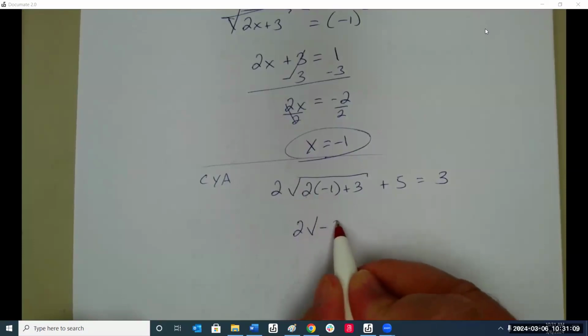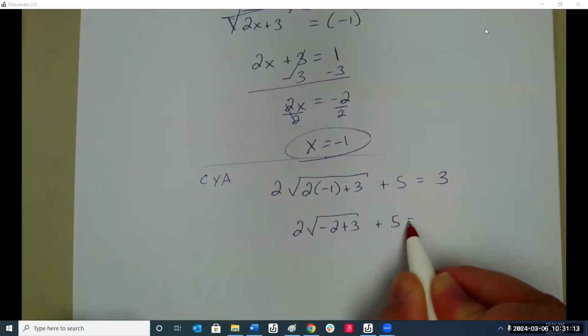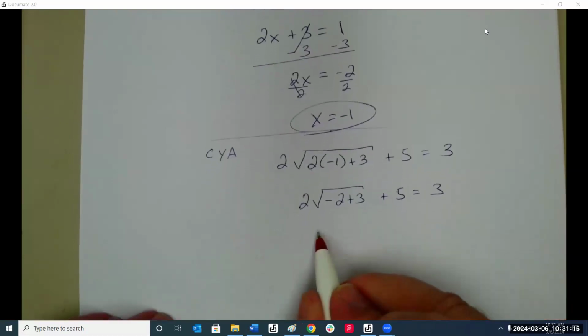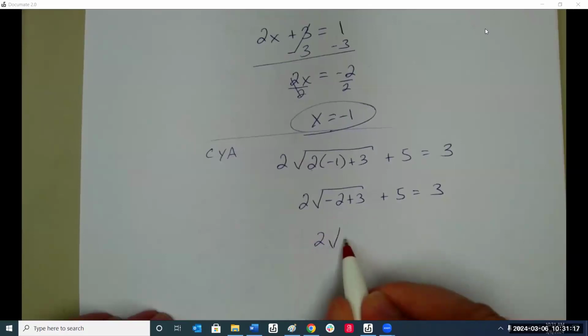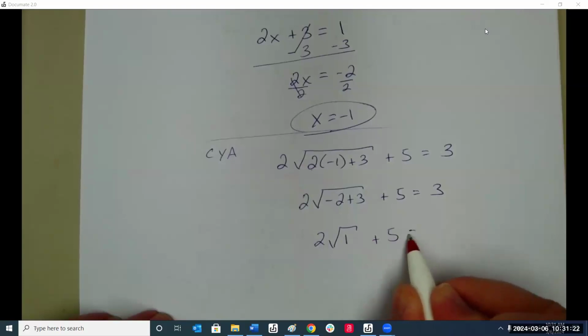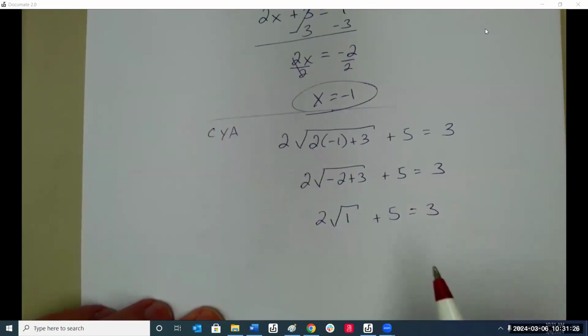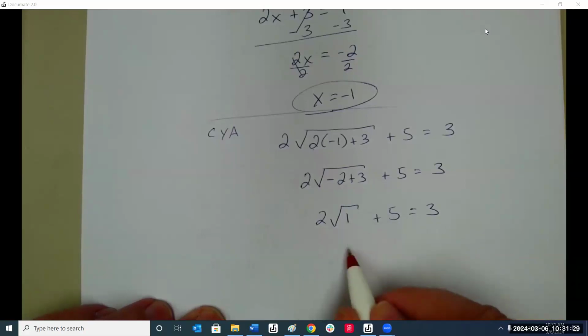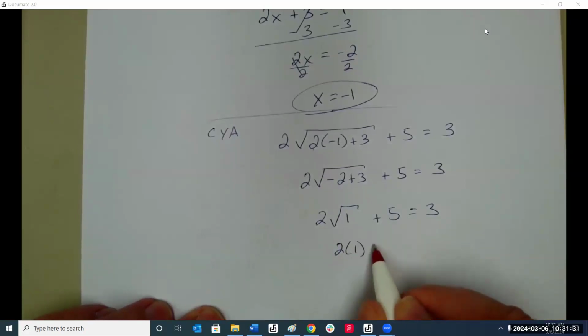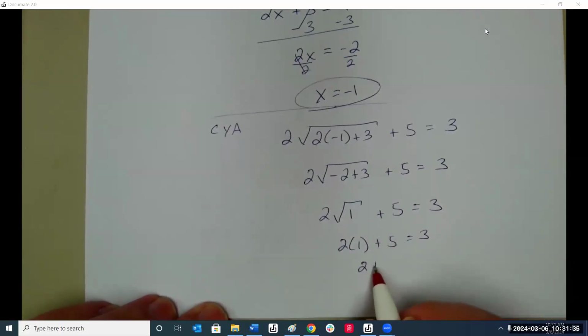Two times -1 is -2. -2 plus 3 is 1. Square root of 1 is just 1. So it's 2 times 1. 2 plus 5 does not equal 3.